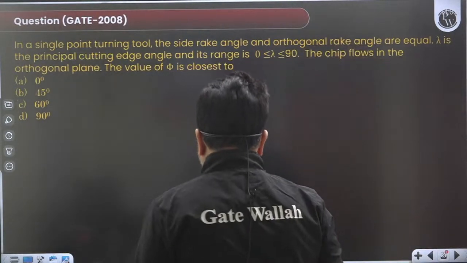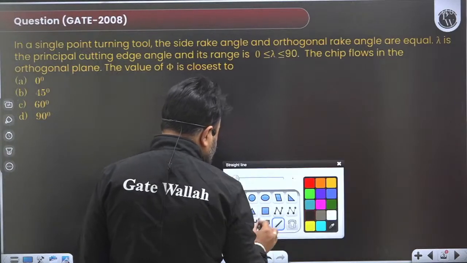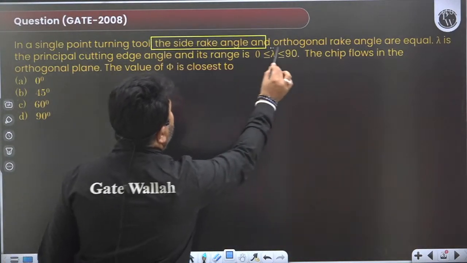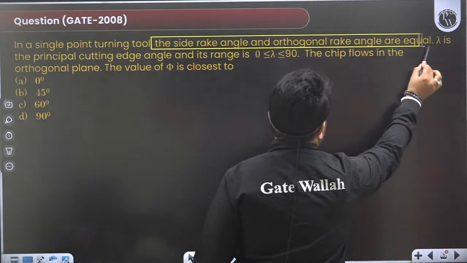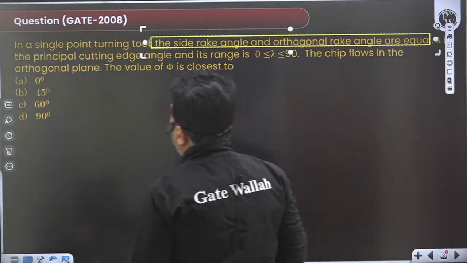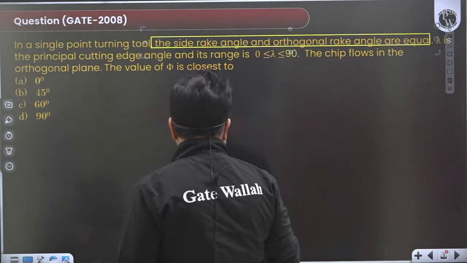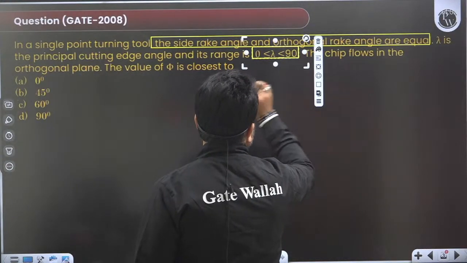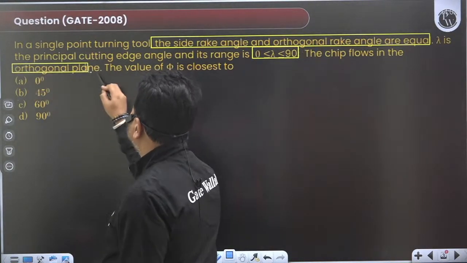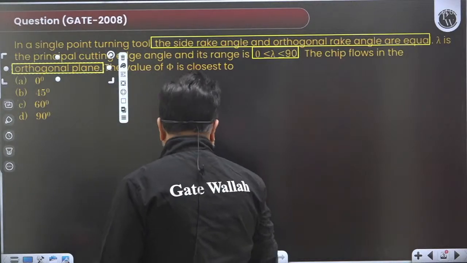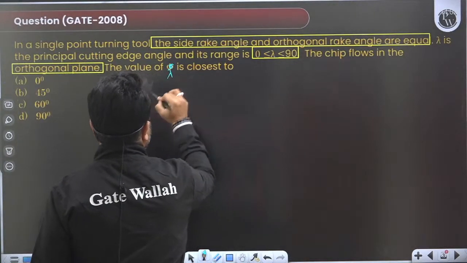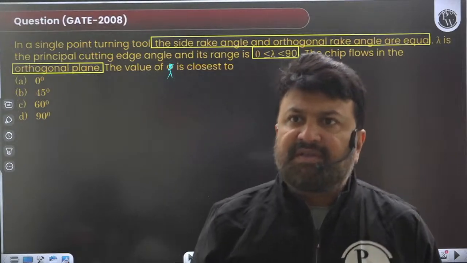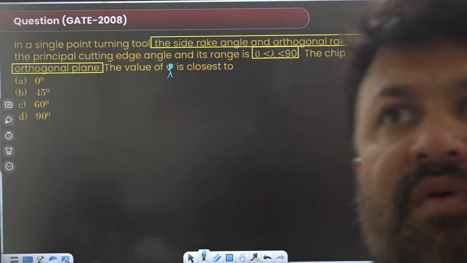In this question, it is mentioned that for a single point turning tool, side rake angle and orthogonal rake angle are equal. Lambda is the principal cutting edge angle, whose range is 0 to 90 degree. The chip flows in the orthogonal plane. We have to find the value of lambda, that is, the principal cutting edge angle.